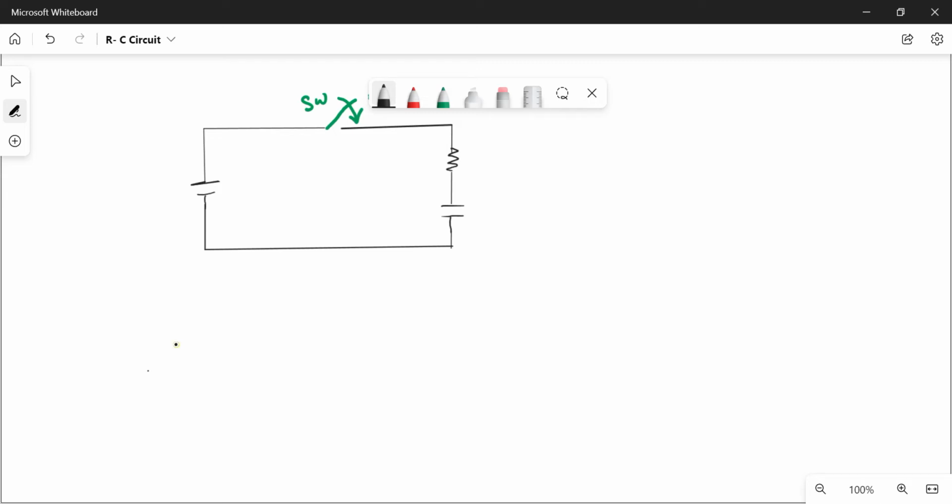We are studying transient response of DC RC circuits. So we can see a voltage source V is connected with a resistor and capacitor, RC. At t equal to 0, the switch is closed.